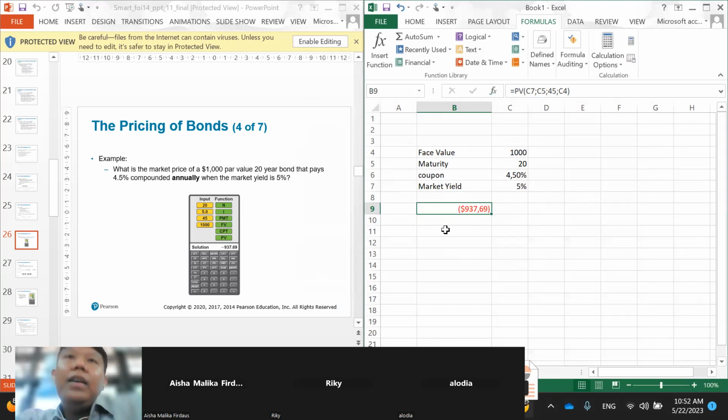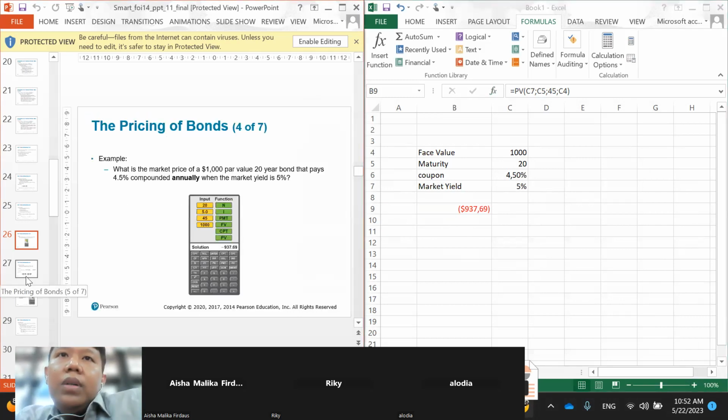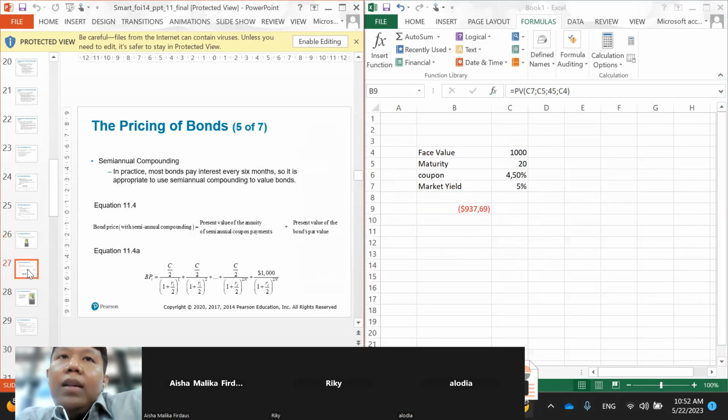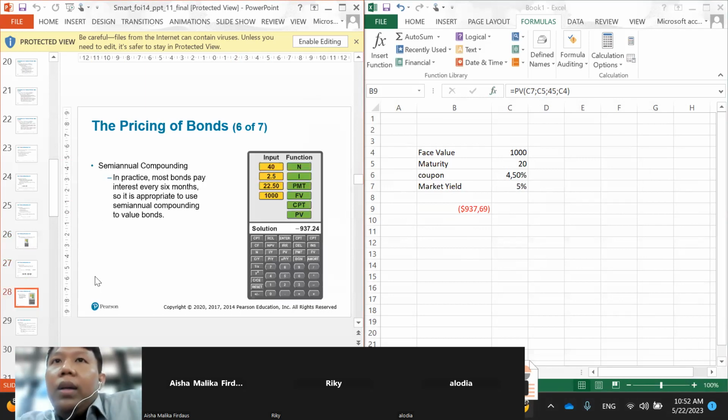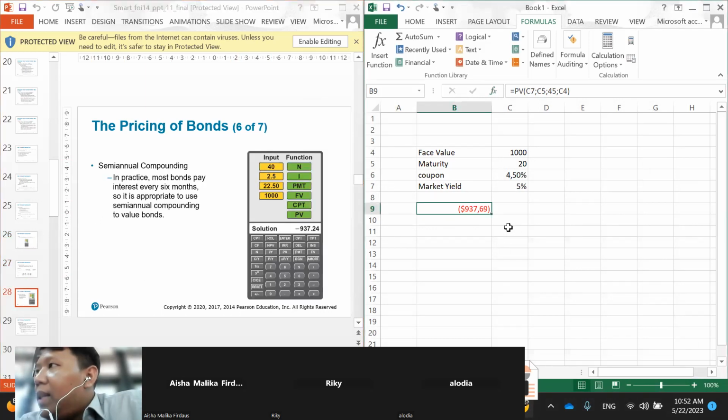Okay. Let's now go to when the bond is giving you a semi-annual coupon. Remember last time I said that the coupon could be paid annually, and it could also be paid semi-annually.